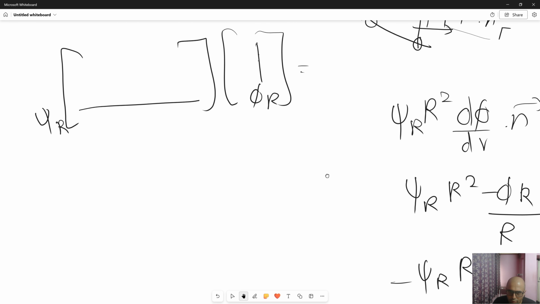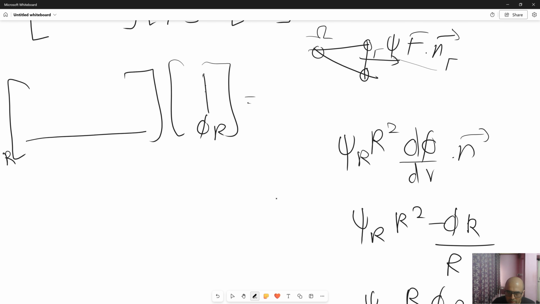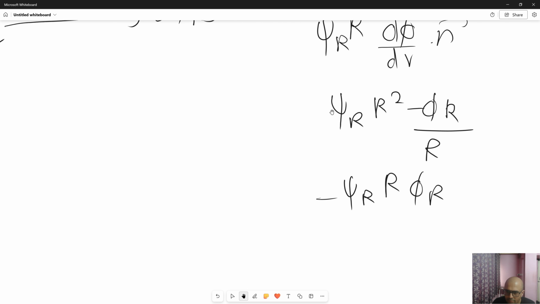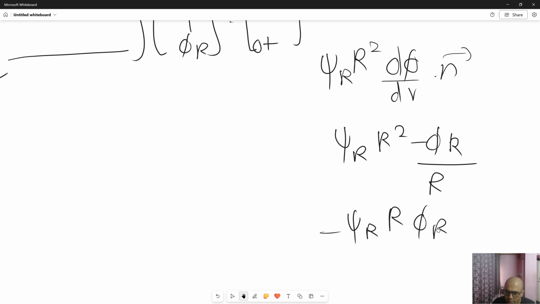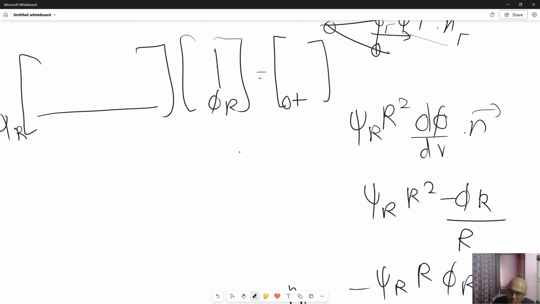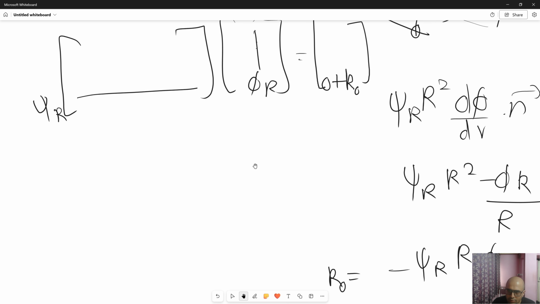So really what you have to do is, since this term exists here, you could write it as 0 plus this guy. Let me write it as RO, that is the Robin contribution. And I just have to take this Robin contribution and add it to the last column of this matrix.